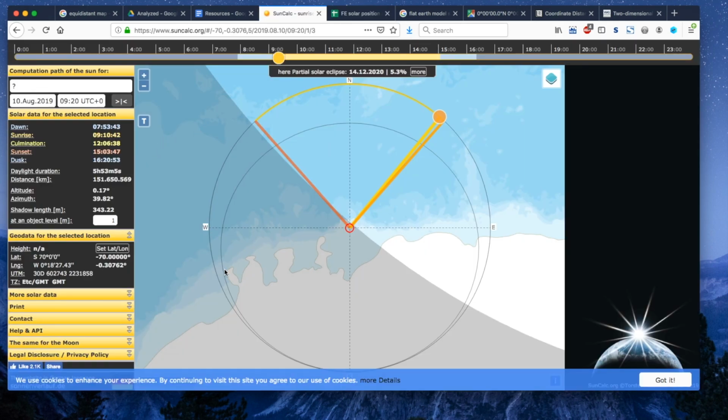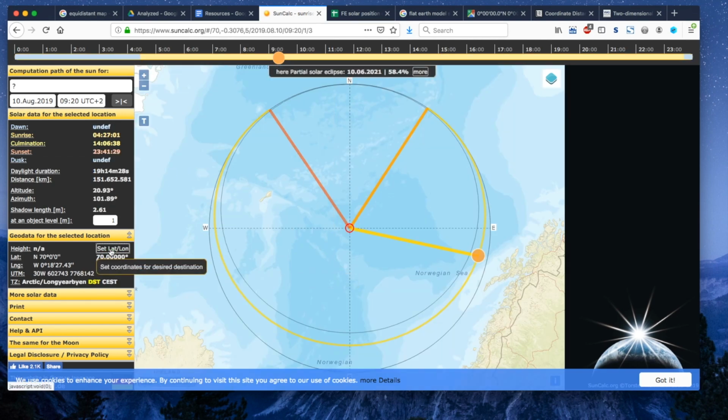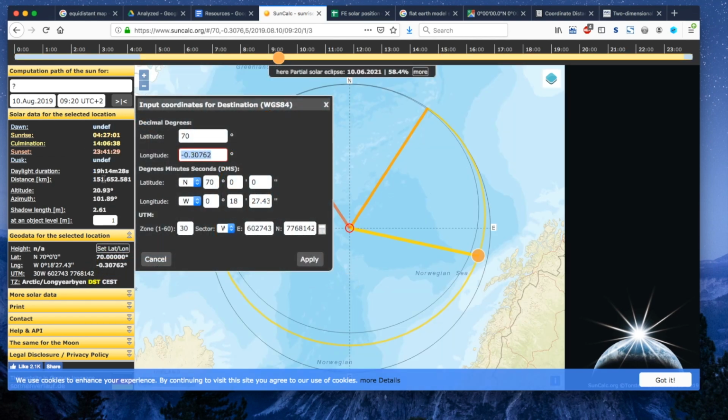I've used this tool a number of times, and this tool is accurate. If I say, where is the sun for my coordinate?